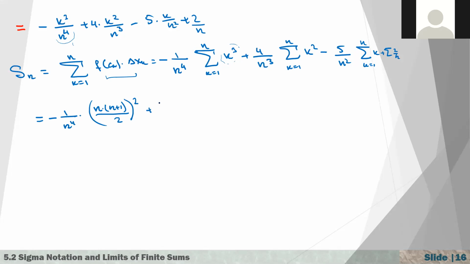And next one is plus, I have here 4 over n cubed, and the sum of the squares of the first n natural numbers, and that's equal to n times n plus 1 times 2n plus 1 over 6. Next one is minus 5 over n squared, the sum of the first n natural numbers, that's just k, that's equal to n times n plus 1 over 2. Plus, and just here we have 2 over n outside, right? The sum of ones until n, so that's just equal to n.